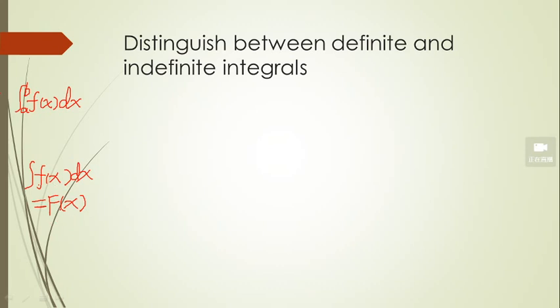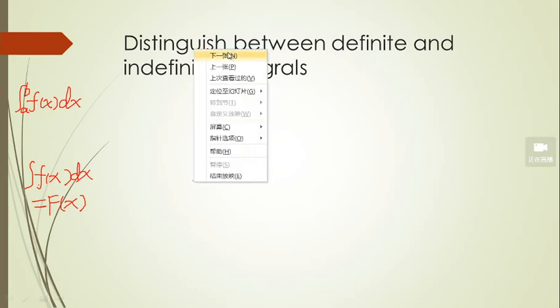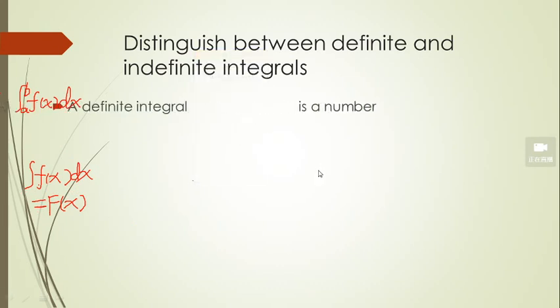And what is the connection between small f and big F? The derivative of big F gives small f, right? So the indefinite integral represents a function of x. And actually, it's a family of functions.